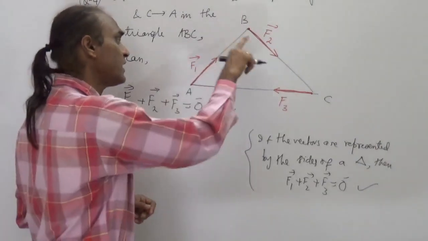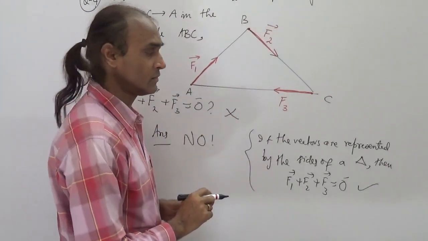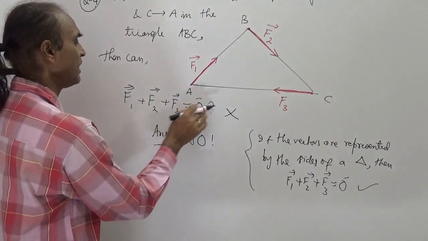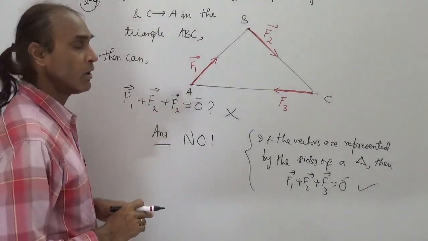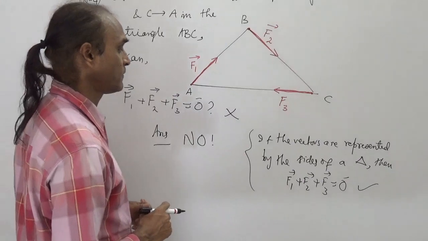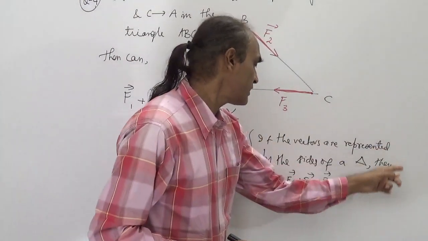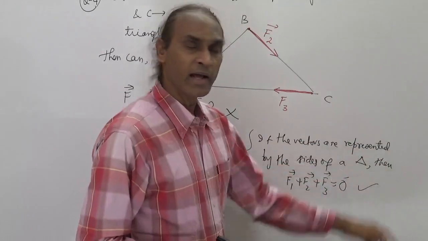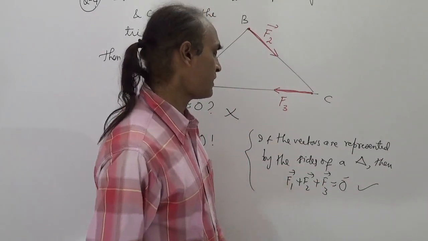They are just passing through the sides. Then in this case F1 plus F2 plus F3 cannot be equal to a 0 vector. Now we may ask the question, how can a triangle represent these forces?